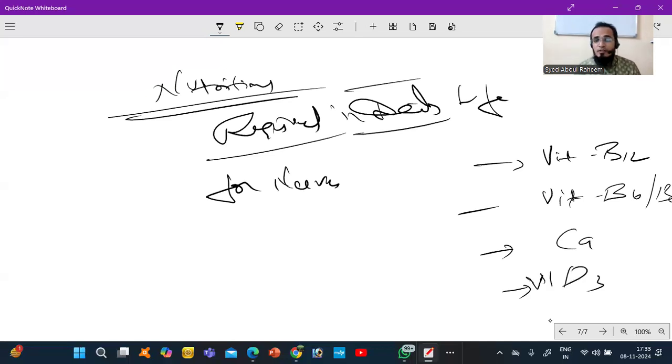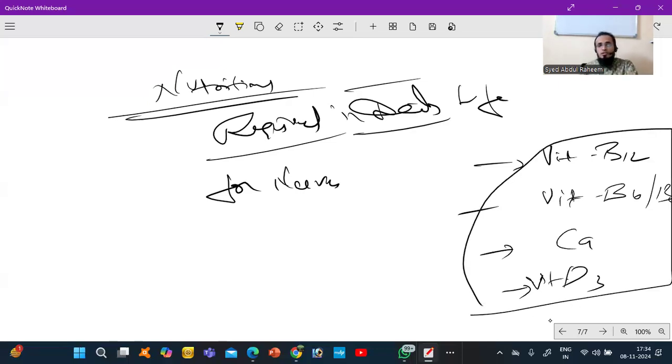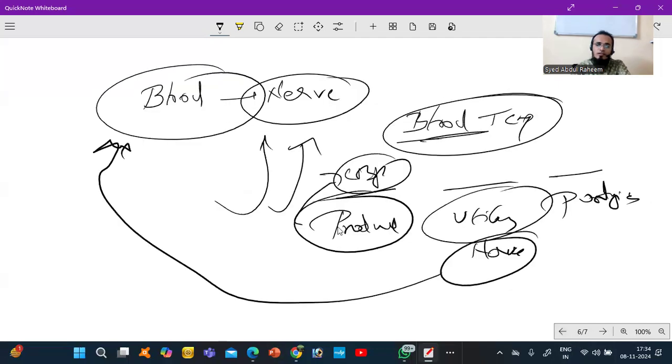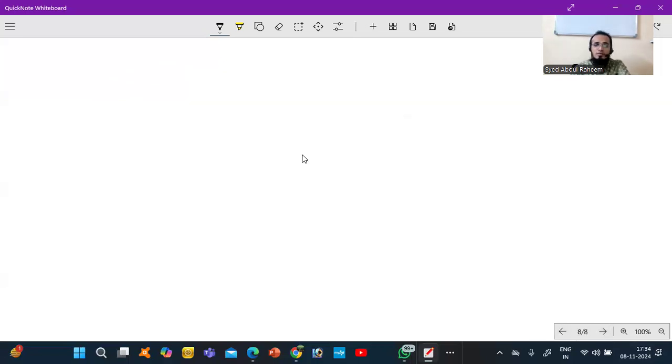These are the main important nutrients to keep the nerves healthy. If these vitamins are deficient in the blood, that is the reason the problem is there. So we have to check the production as well as the utilization.